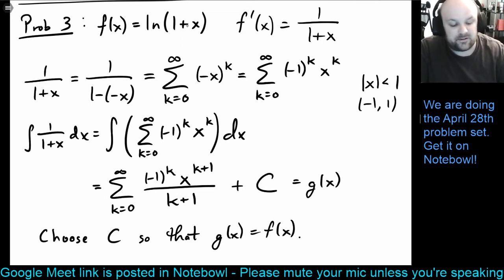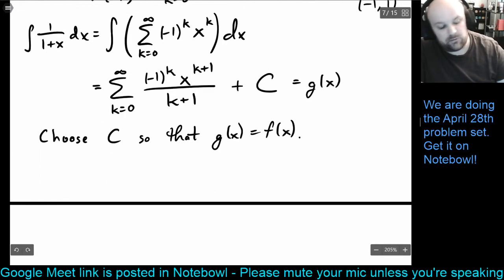But ln of 1 plus x is another antiderivative of 1 over 1 plus x. If you remember back to single variable calculus, two different antiderivatives of a function differ by a constant. So if we can find the appropriate constant here, we can make this series equal to this.